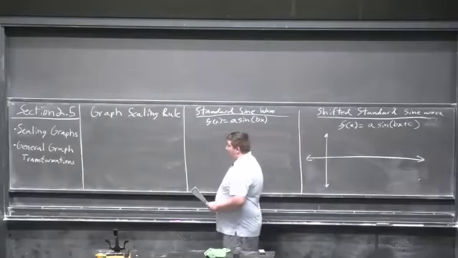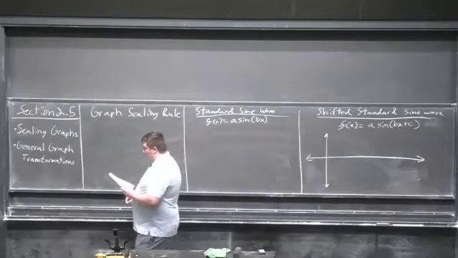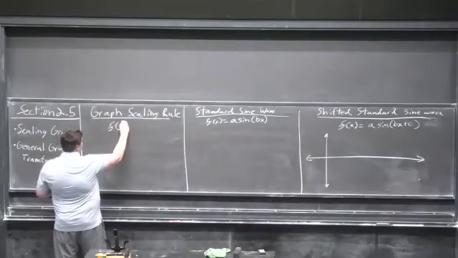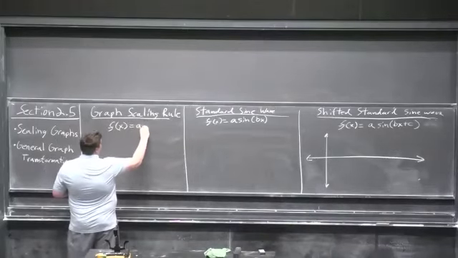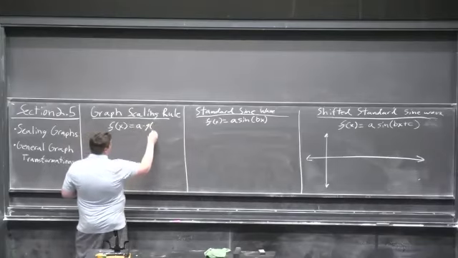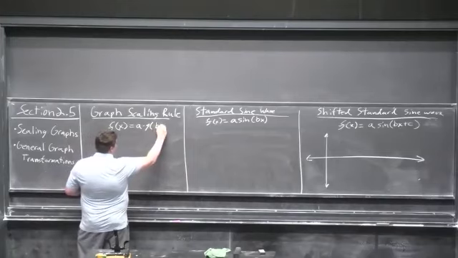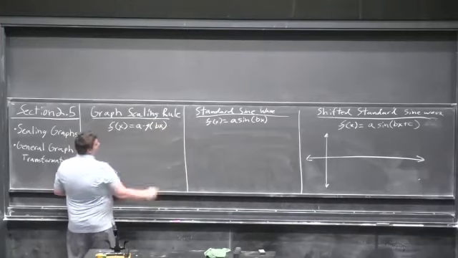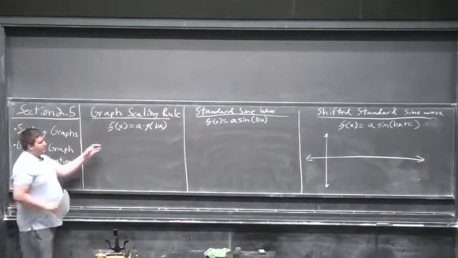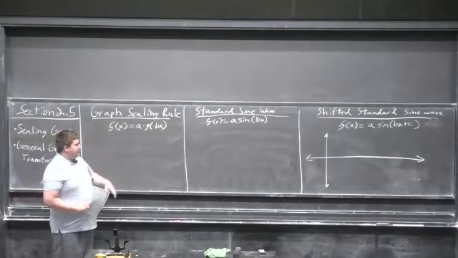So for the scaling rule of a graph, we're going to have f of x equal a times some other function, we'll call it g, where there's b times x as an input. So what does this mean?